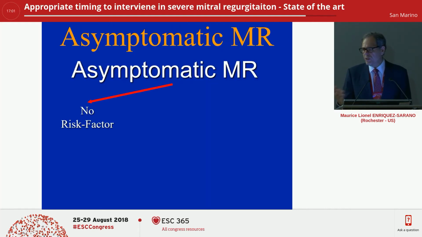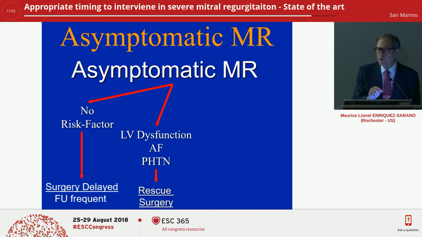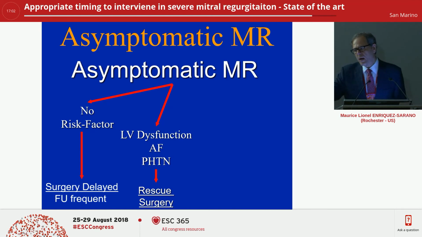When there are no risk factors, we follow this patient, and the more MR there is, the more closely we follow them. When people present with what is in the guidelines, LV dysfunction, atrial fibrillation, pulmonary hypertension, we're not going to deny them surgery. We're going to do the surgery, but it is a rescue surgery because there's going to be a price to pay after the operation in terms of mortality.